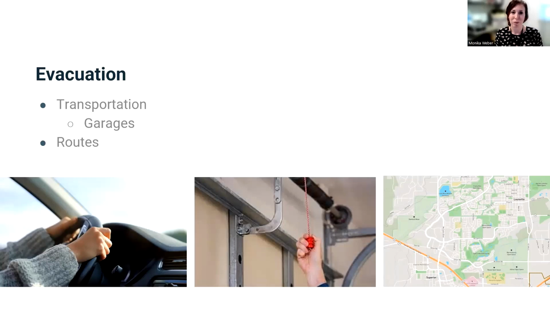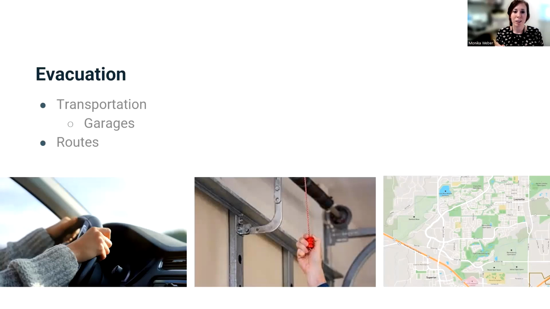And something to think about with transportation, with evacuation that comes up is garages. This is a really critical point, where if you've got a garage, an important thing to know is when the power goes down, your garage is no longer going to open itself with that push of a button, right? So two things to think about with this.